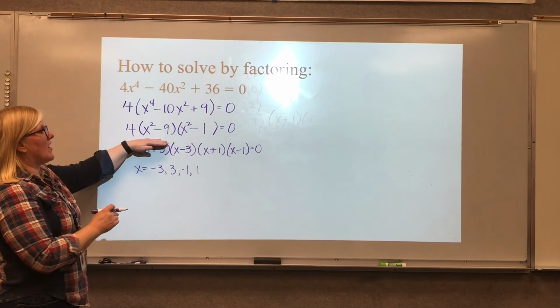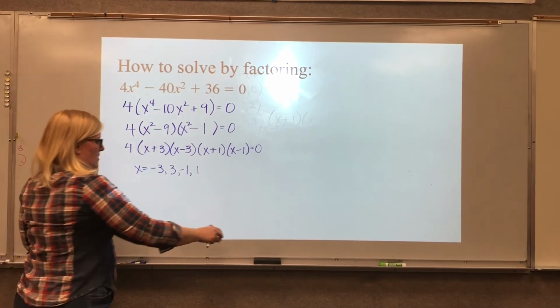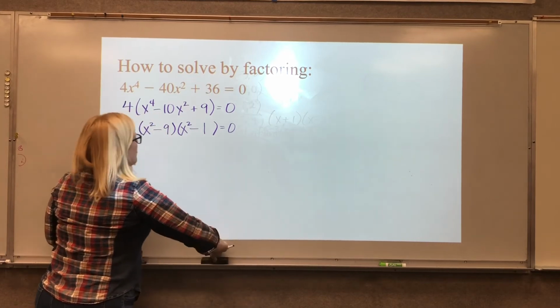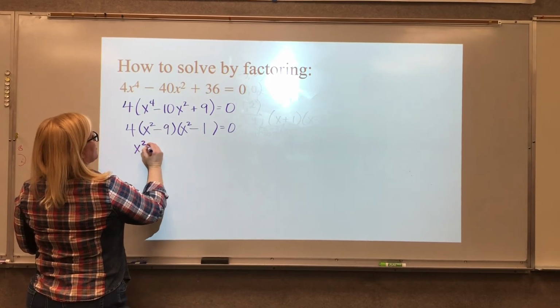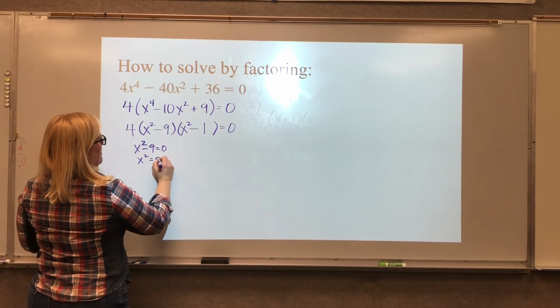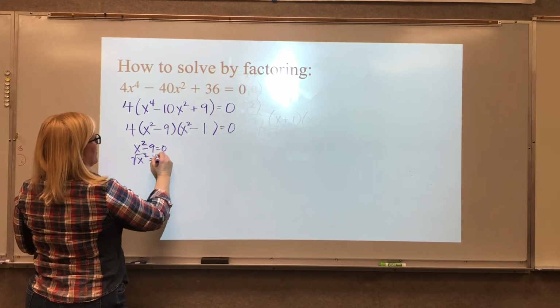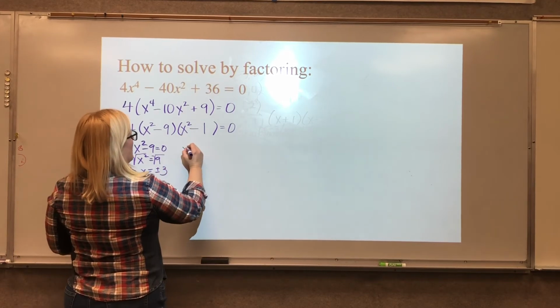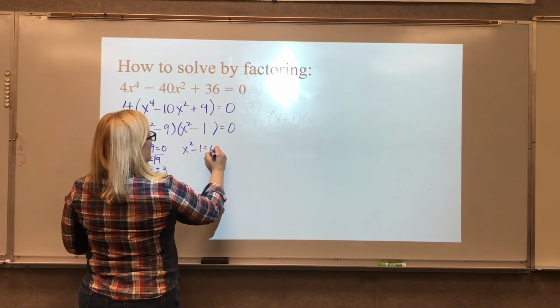Now I could have stopped there and not factored it anymore. And I could have said, well, x squared minus 9 equals 0. I take the square root of both. X equals plus or minus 3. And right here, x squared minus 1 equals 0.